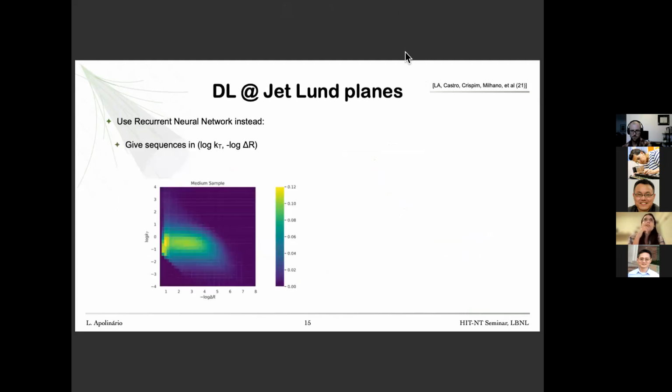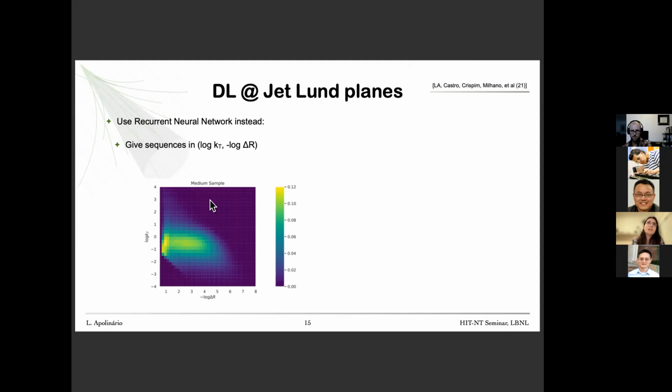But the other thing that we also tried was, in fact, to use Lund planes, and not only the Lund planes, but the sequence in which this information of the Lund planes appears. So we have our jets, we recluster with the Cambridge-Aachen algorithm, and we decluster this sequence, always providing the sequence of values in this Lund plane. So this is the average Lund plane. Of course, this is given to a neural network, in this case a recurrent neural network.